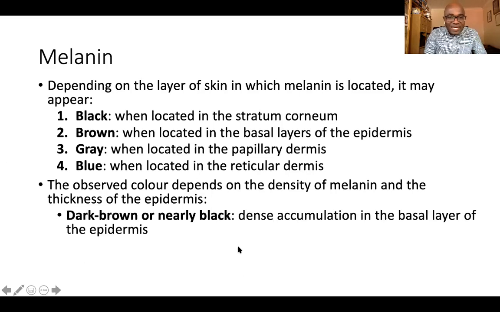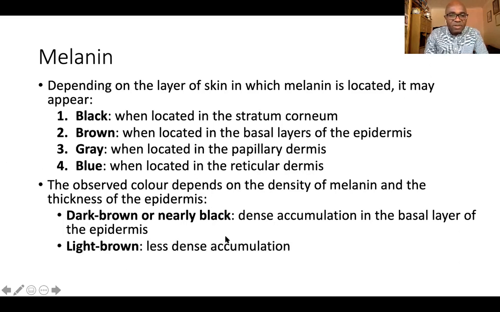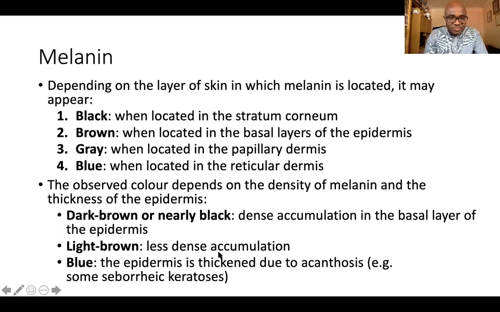So the observation of colors depends upon the density of the melanin. When it's thicker in the epidermis, it looks dark brown or nearly black. This is particularly due to the accumulation in the basal layer of the epidermis. And when it's light brown, there is less accumulation. And when it's blue, the epidermis is thickened due to what we call acanthosis.